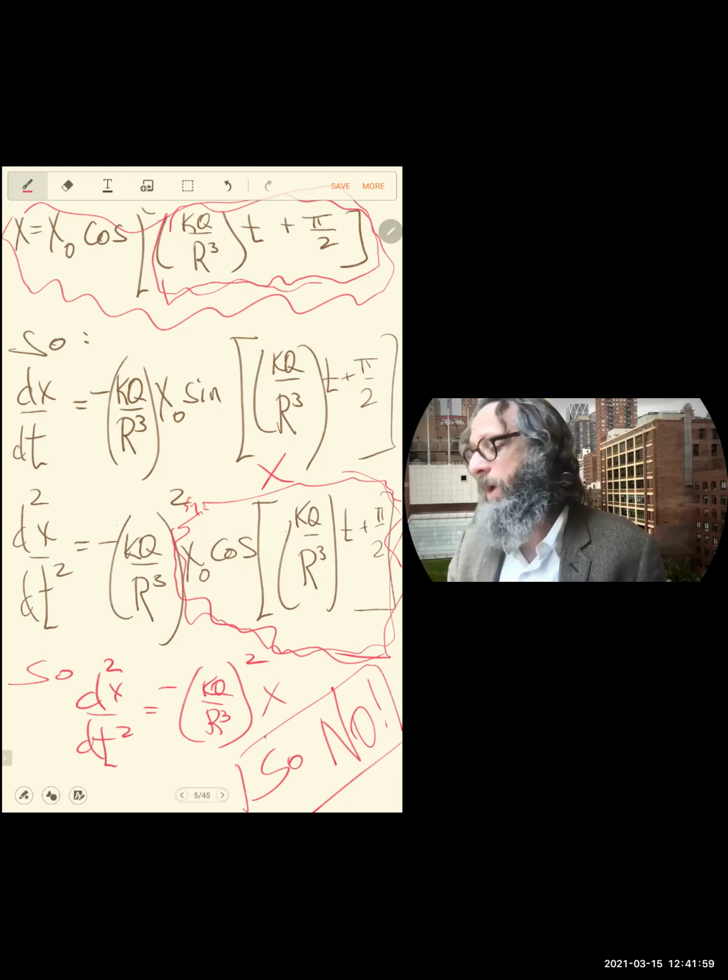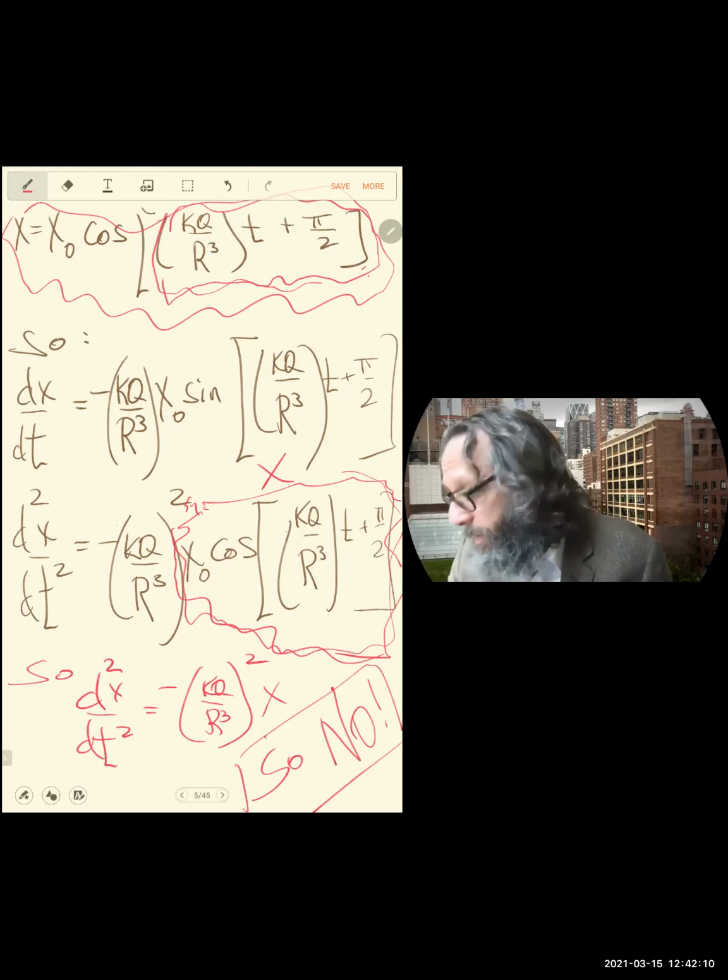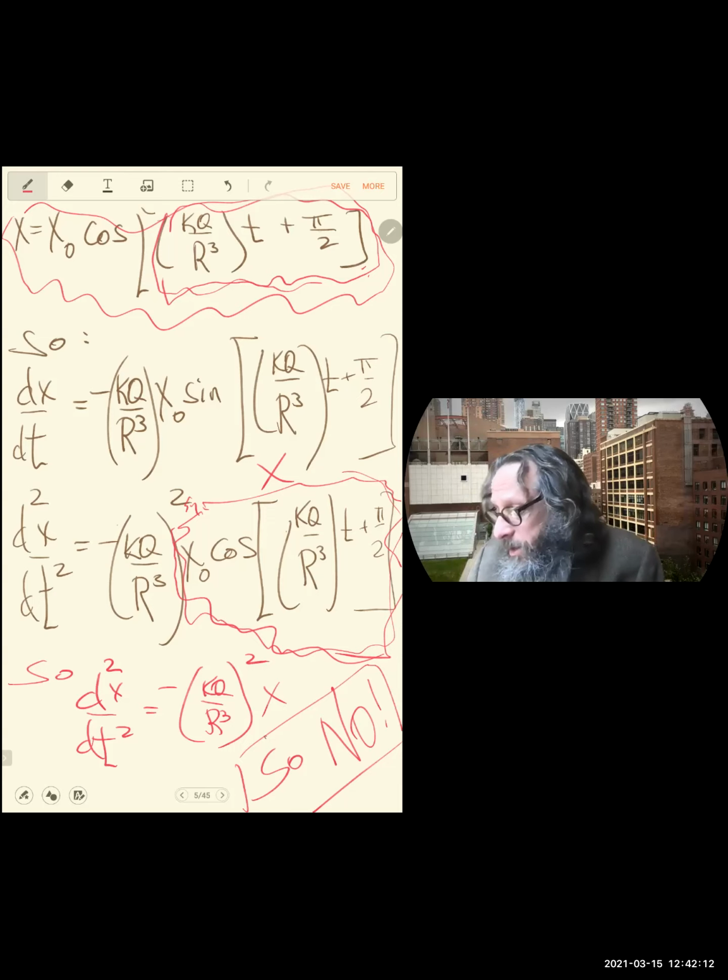So what's the derivative of this entire inner expression with respect to t? It's simply kq over r cubed, because pi over 2 is a constant, and the derivative of a constant is 0. When we differentiate this inner quantity, the derivative is literally just the constant next to the t.